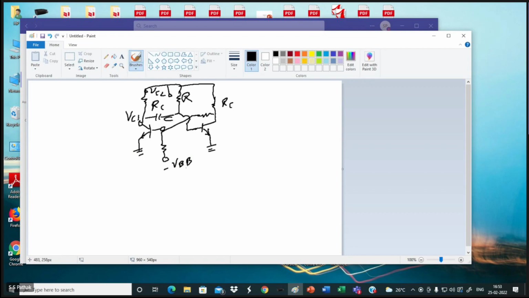This was the thing. Now at t equal to 0 plus, I apply an impulse here at this base. I can say trigger. Trigger is a narrow pulse. Trigger is applied to the base of the second transistor.